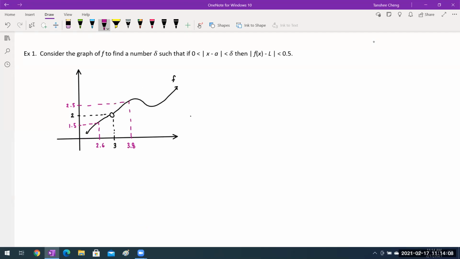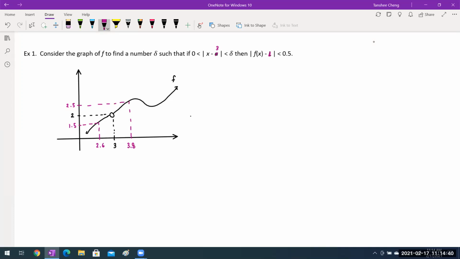Example 1: we want to consider the graph of the function f to find a number delta such that the absolute value of x minus 3, not a, and f of x minus, instead of L, it will be 2.